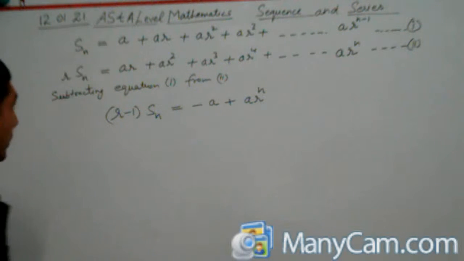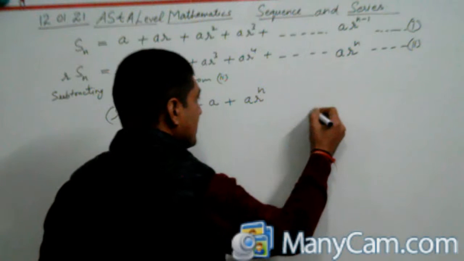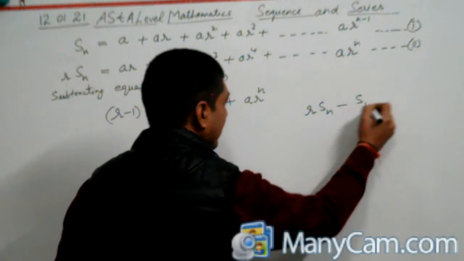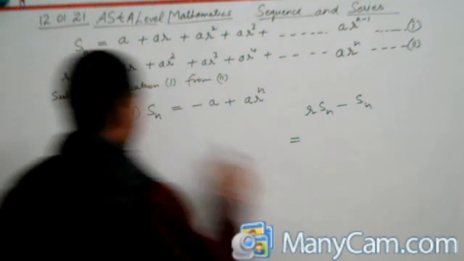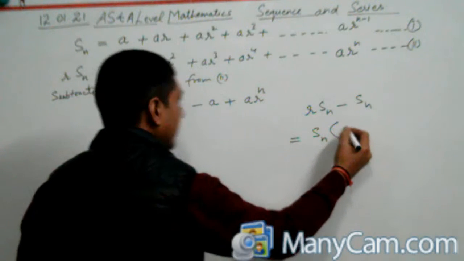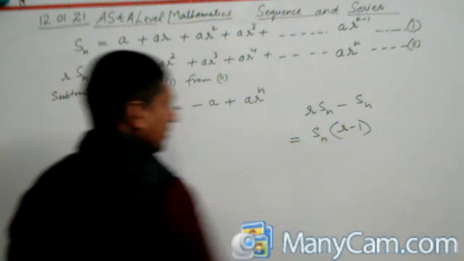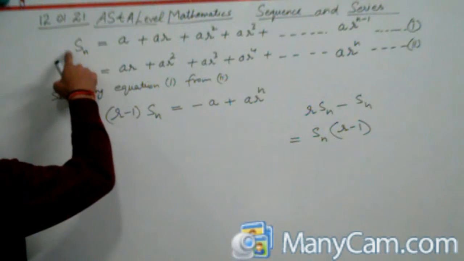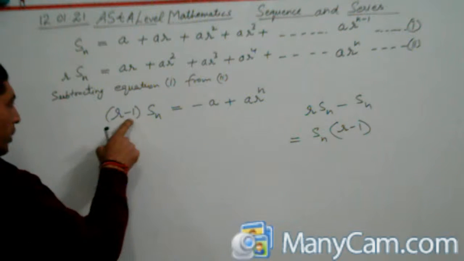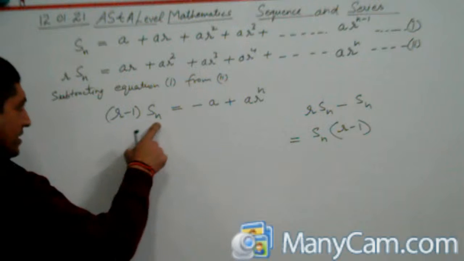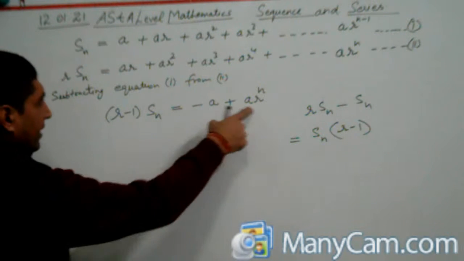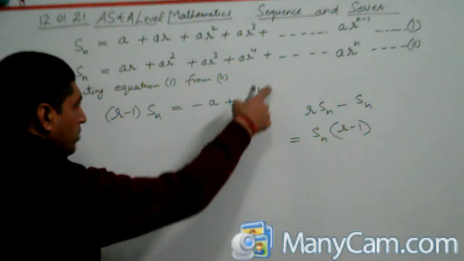What I have written: when Sn is subtracted from rSn, Sn is common, so it is r minus 1 into Sn. Rest everything is cancelled, minus a is left, and ar raised to power n is there.